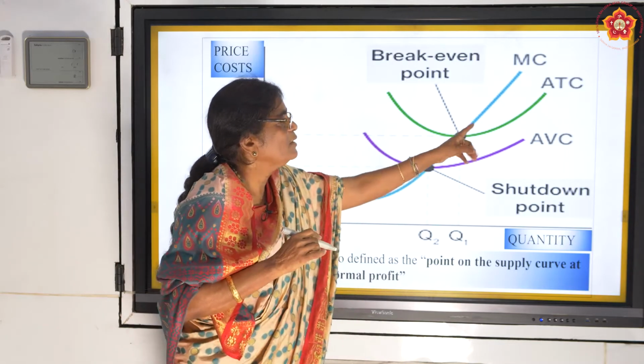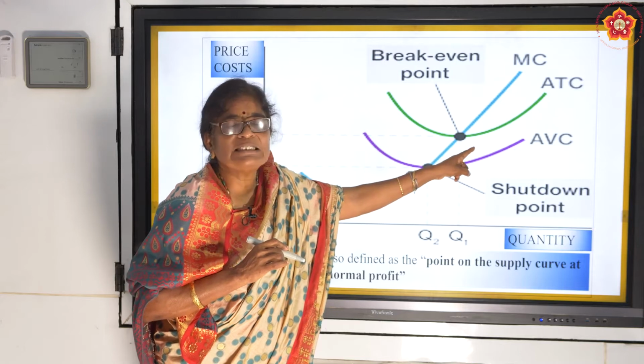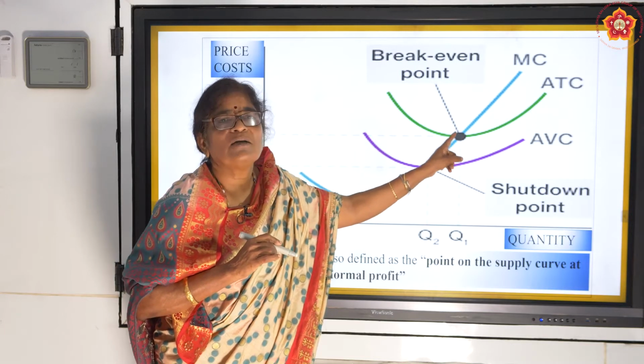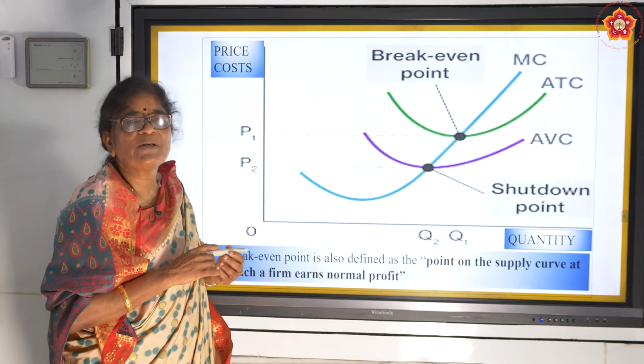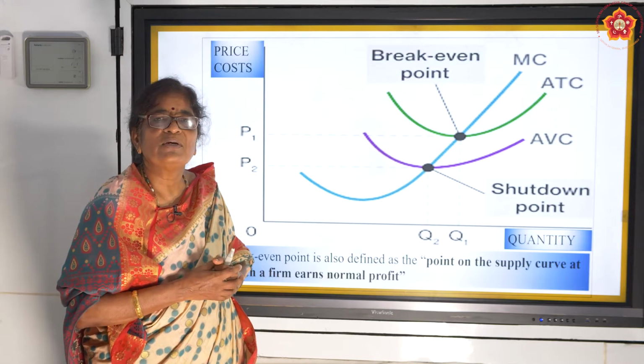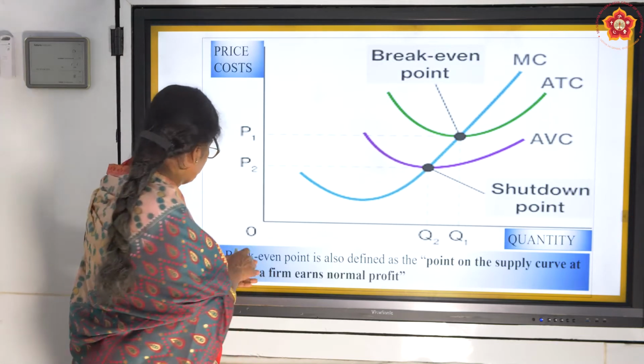On the supply curve, when a firm earns TR equal to TC, or AR equal to AC, we say firms earn normal profit. Normal profit means the situation where firms earn total revenue equivalent to total cost. That means it covers all the cost.